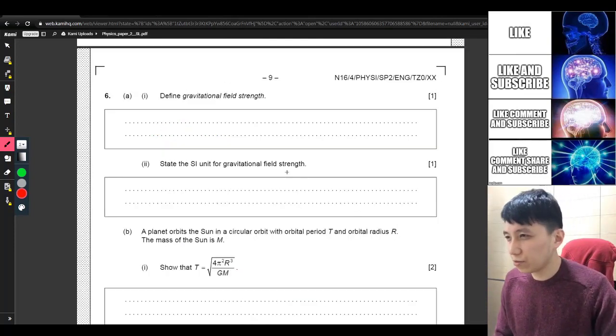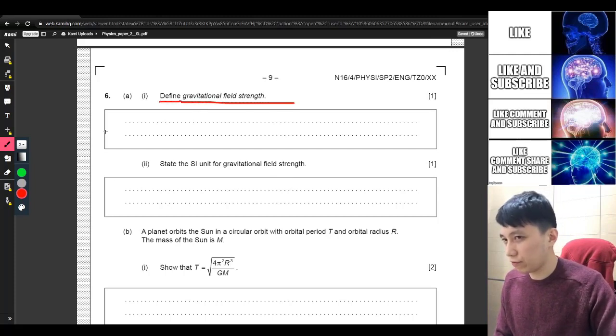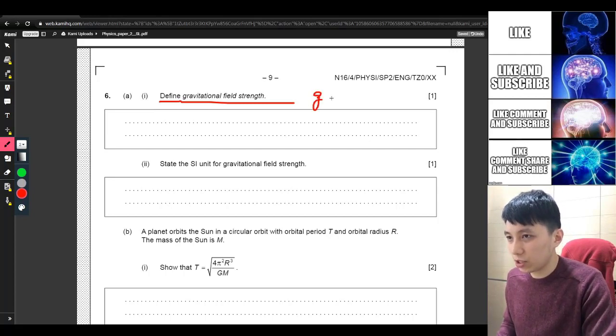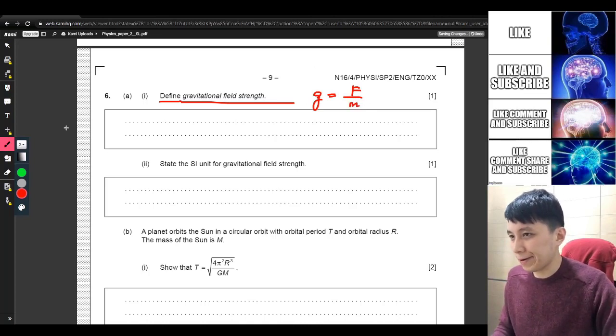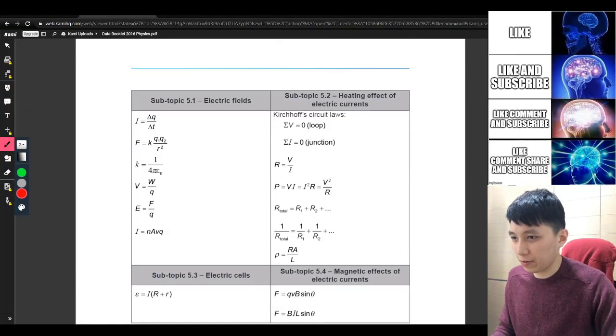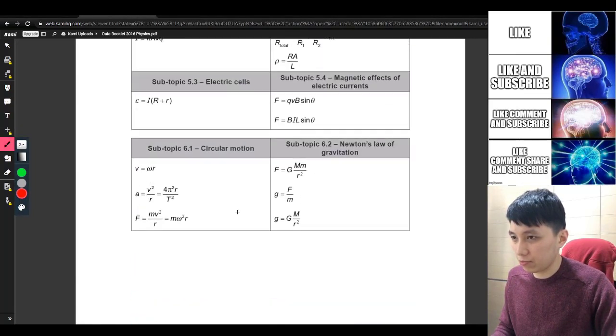Alright, next up, something to do with chapter 6 probably, gravitational field strength definition. So the definition, if you try to talk about it in an equation, should be g equals F over m, F over mass. That's something you should be able to find, I think.